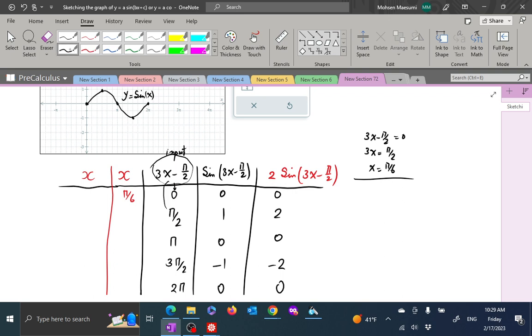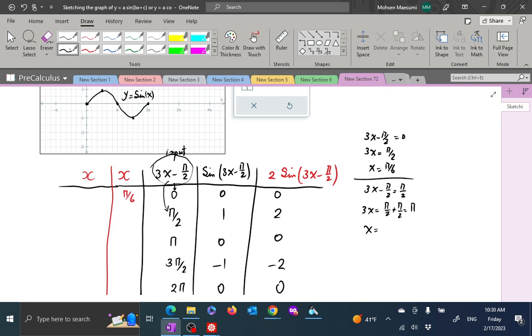Repeat. So 3x minus pi over 2 is equal to pi over 2. So 3x is equal to pi over 2 plus pi over 2, and that is just pi.